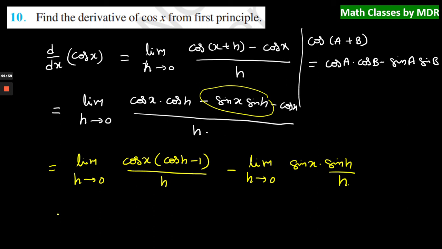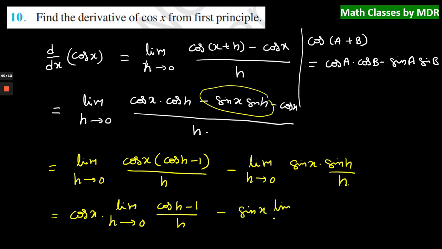So cos x into limit h tends to 0 of (cos h minus 1) by h, minus sin x into limit h tends to 0 of sin h by h.